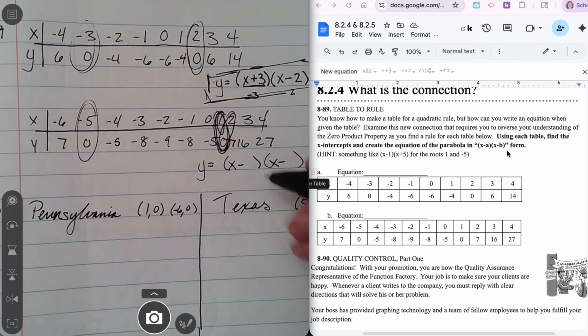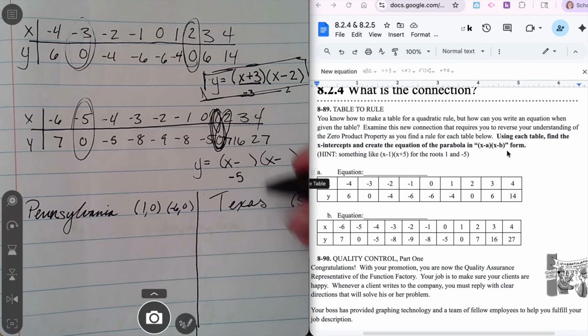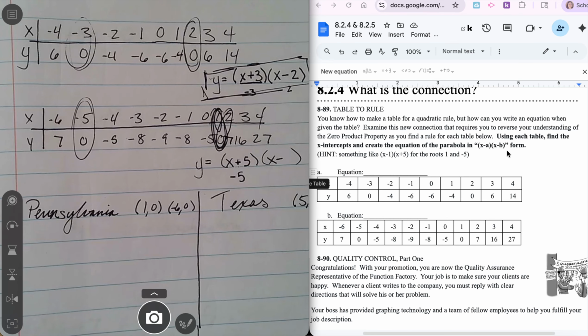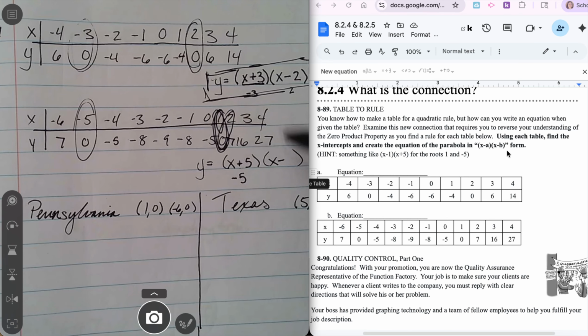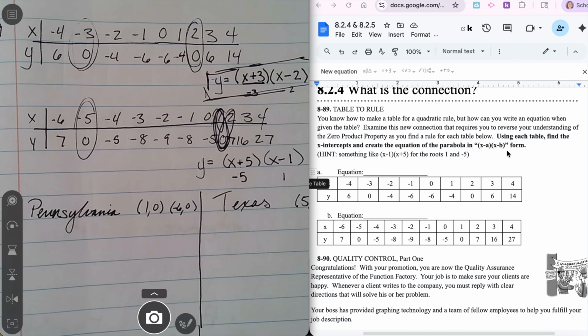And I'm saying -5 minus something needs to make 0, and -5 minus a -5, or -5 plus 5, would make 0. The other parenthesis, since it needs to be 1 minus something needs to make 0, that means 1 minus 1. This is my equation for part B.